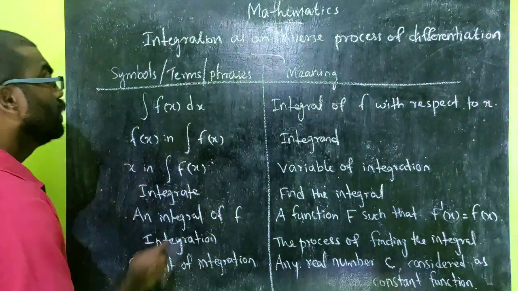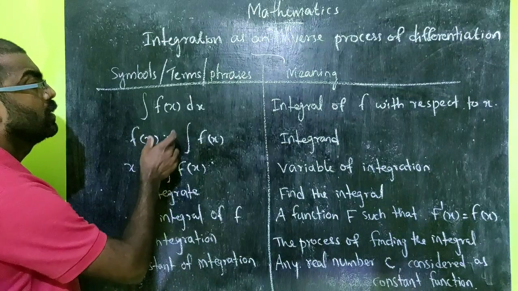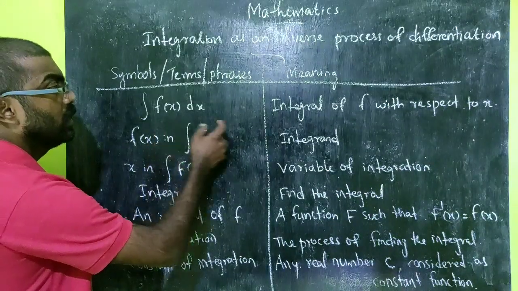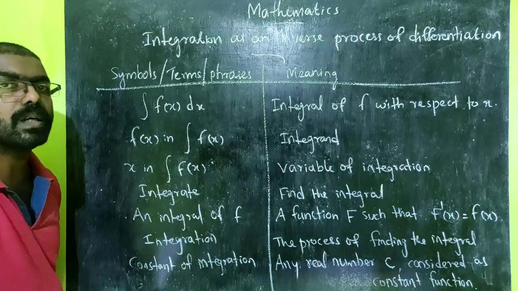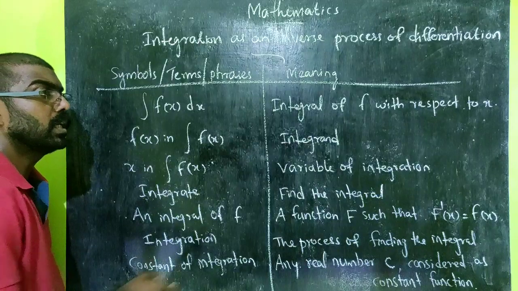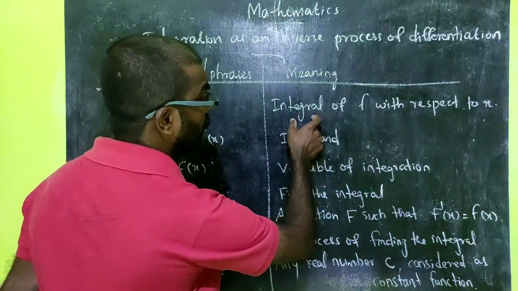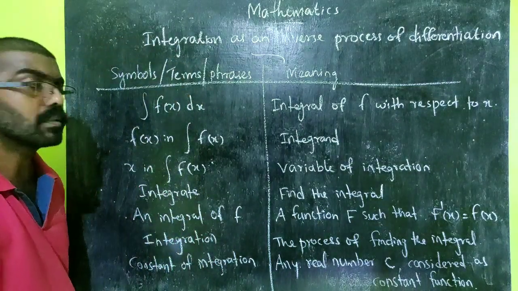Now you have to know some important symbols, terms and phrases and their meaning. One is integral f of x dx. We read it as integral f of x dx, and the meaning is the integral or antiderivative of the function f with respect to the variable x.